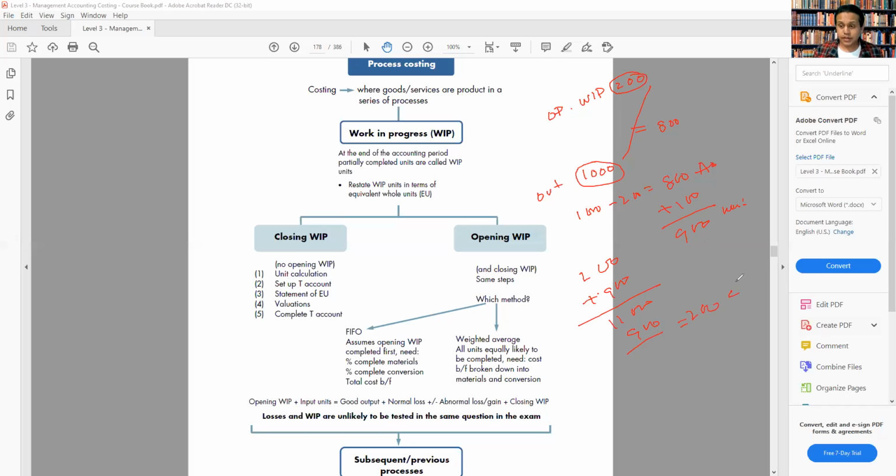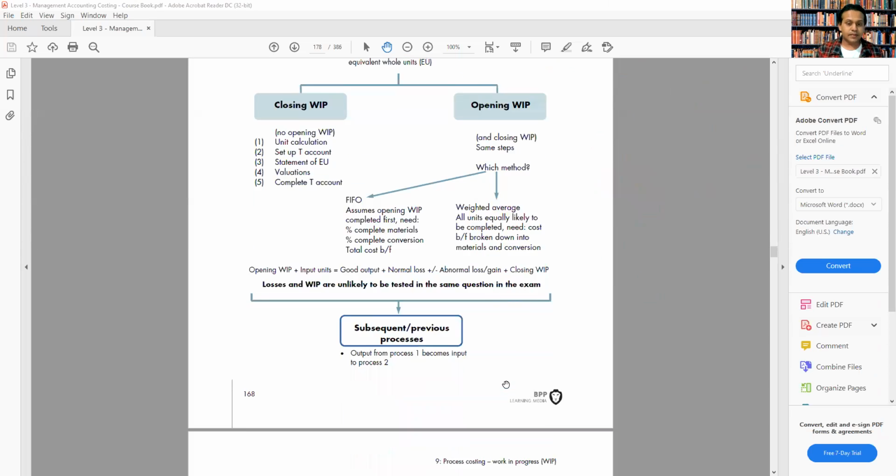That's the closing inventory, whatever I couldn't sell. So we understand that opening we always subtract from the production to get the actual, and if we have closing we add it to the actual output, so we understand how many we actually made. This is a very tricky part, so make sure you do enough practice to calculate that, especially for FIFO. All right, let's move on.